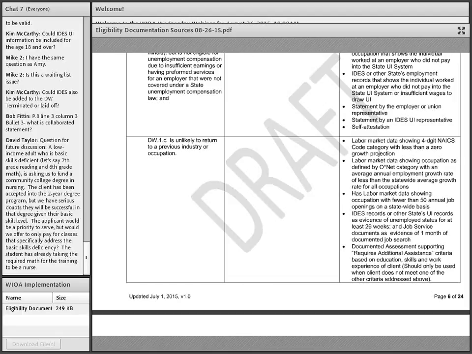Dave has presented a scenario. We've got a lot of scenarios that come in on a regular basis to Jim and to policy.